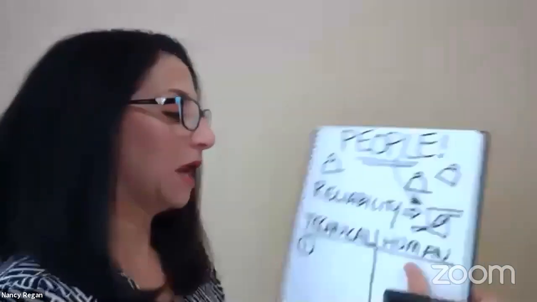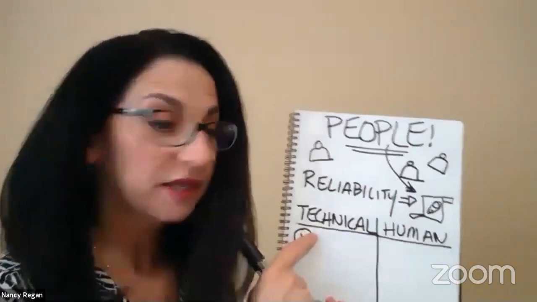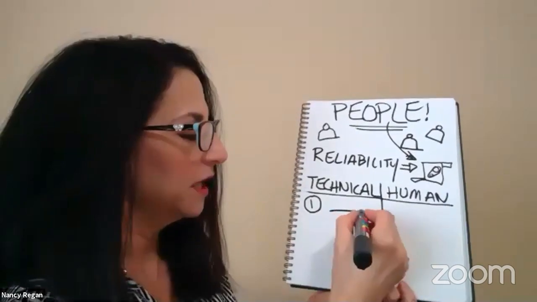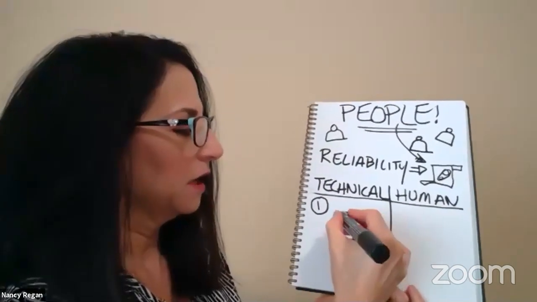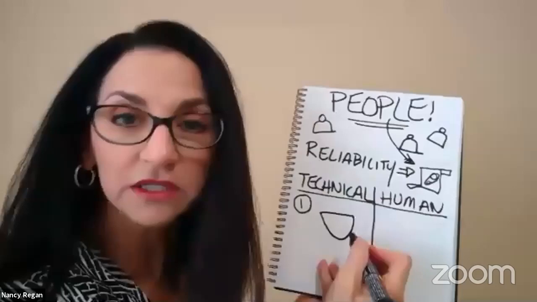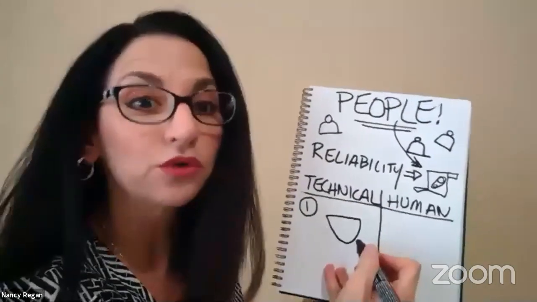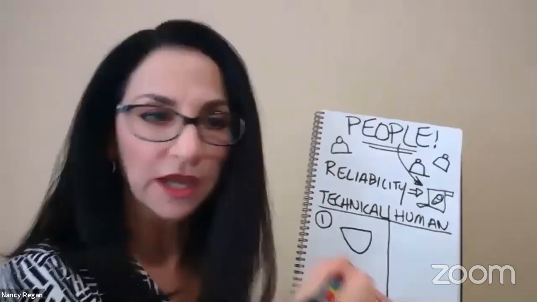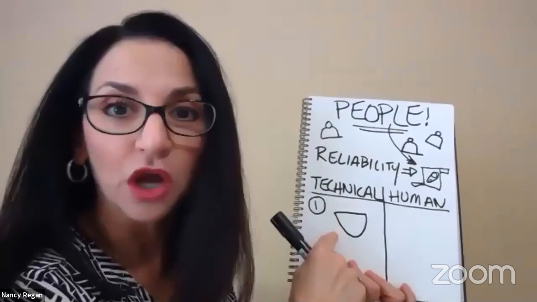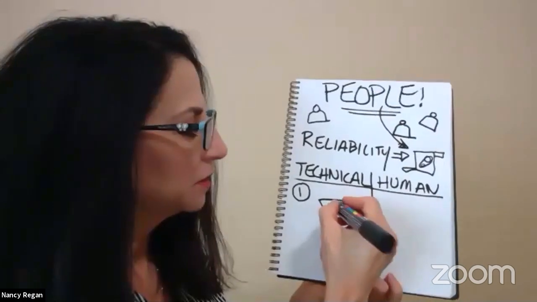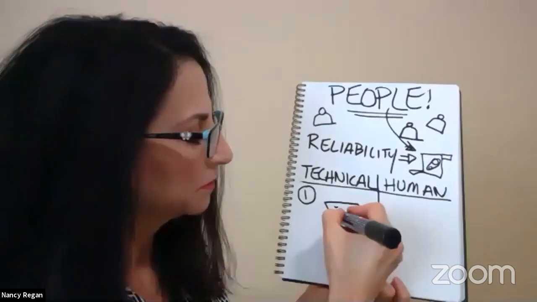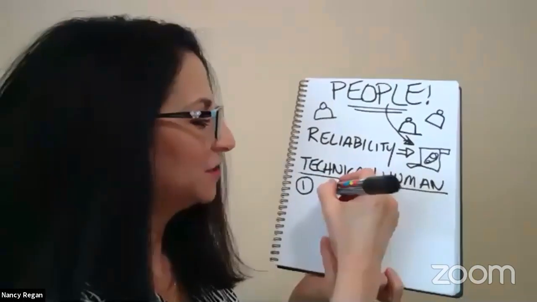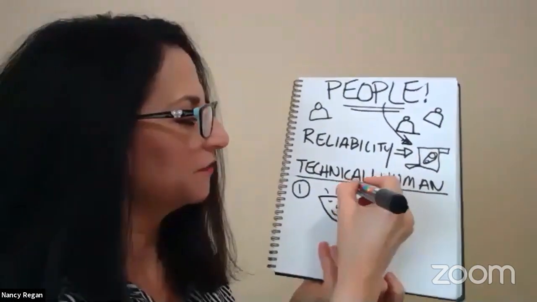Because remember we talked about our people, that there's a technical side and there's a human side. Well, when it comes to our equipment experts, it can be our technicians, our operators, our engineers, our logisticians, our managers, everyone who has something to do with reliability. That's what I'm talking about. So here we go. We have our person. But inside everybody's brain is all of this good stuff that they know.